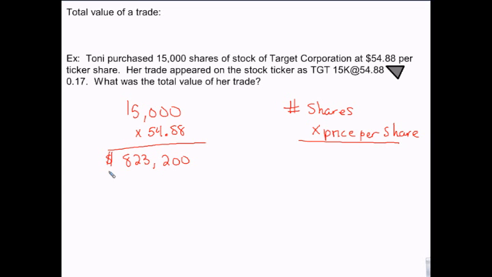Whenever something like 15,000 at 54.88 appears on the ticker, that means somebody had $823,200 to go around buying Target stock with.